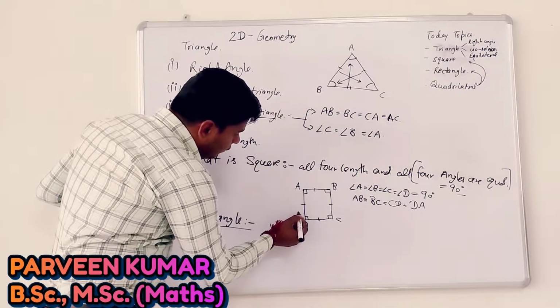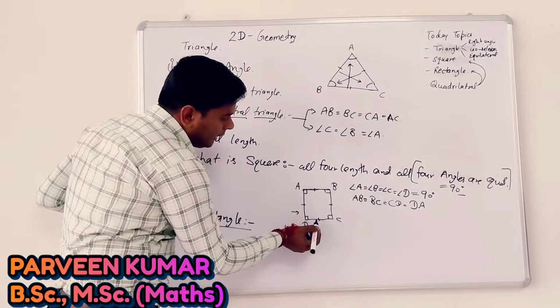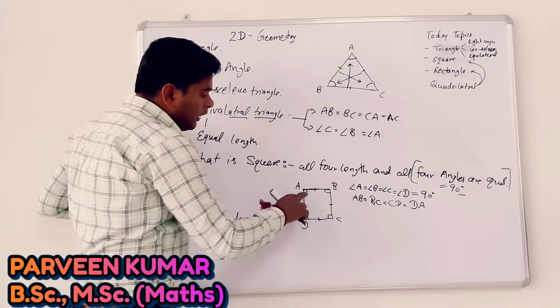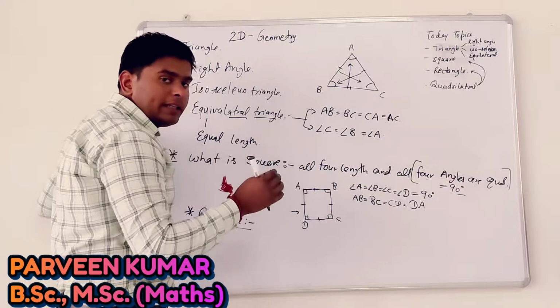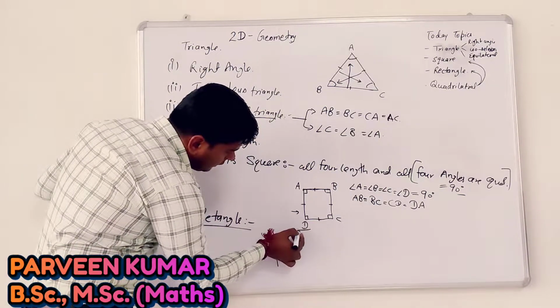It is similar to a square, but the lengths which are opposite are equal and unequal to the adjacent side. Let's consider a figure like this.